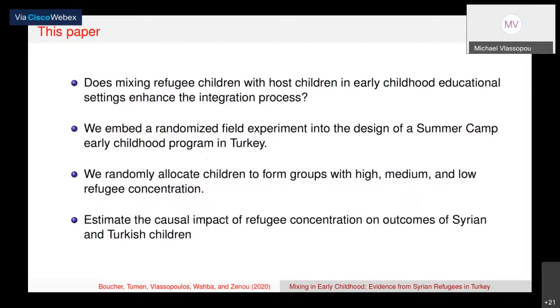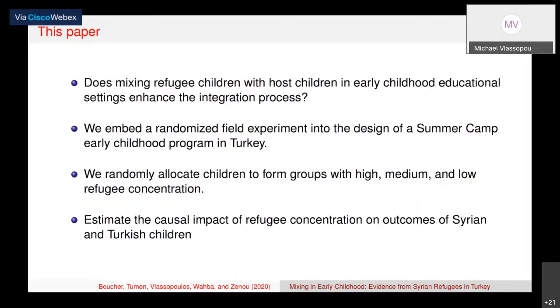The basic question that we ask, against this background in which Turkey is moving in the direction of trying to integrate the Syrian refugee children into the education system, is: does mixing refugee children with host children in early childhood educational settings enhance the integration process, and how will it impact the social cohesion in this setting?